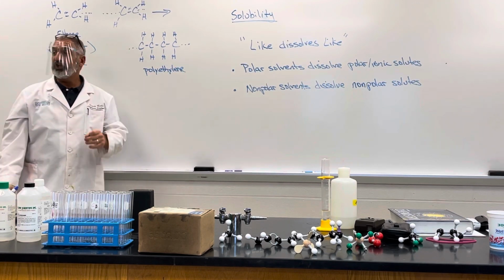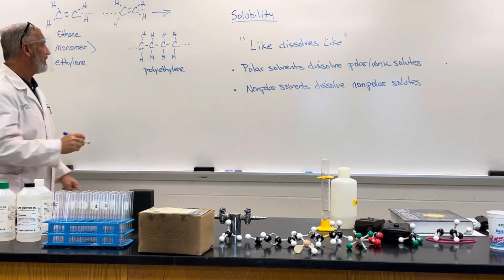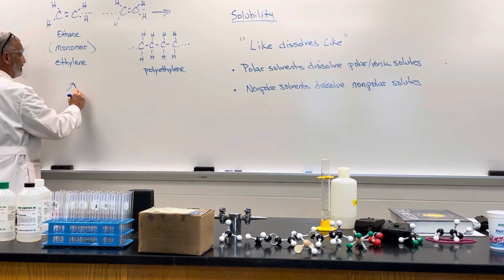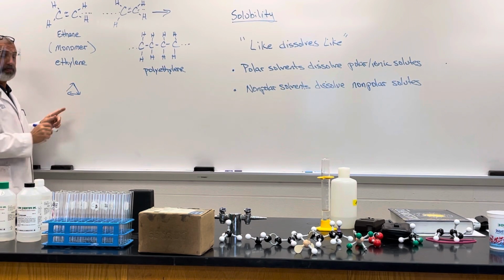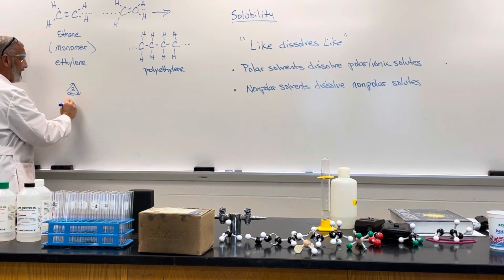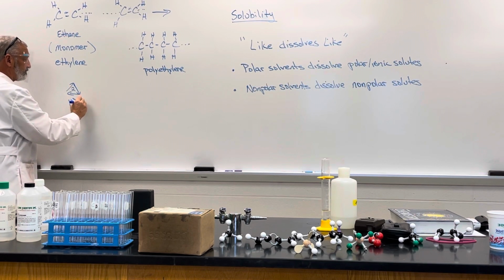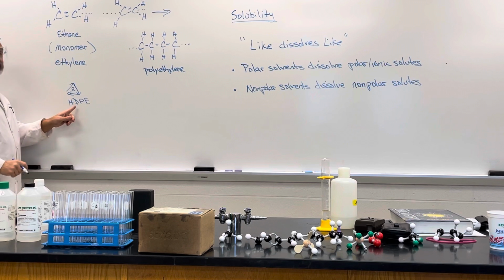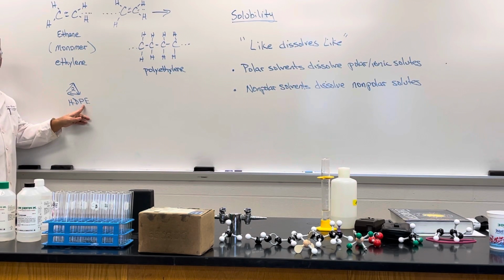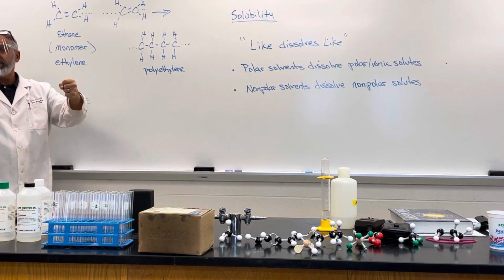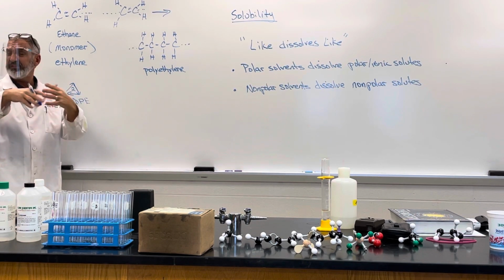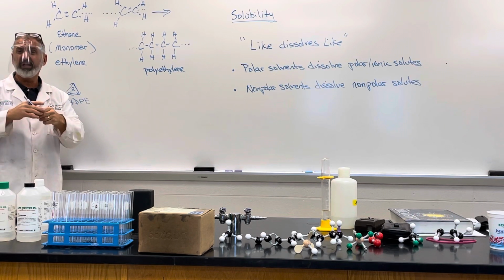Now, if you've ever looked at the recycle symbols on the bottom, you have the little triangle with the arrows, and then they put a number on the inside. Number 2, they'll say HDPE, high density polyethylene. Okay? That's just going to be this, and high density is just going to be how many carbons are in the chain, and sometimes they can add things that kind of link them together like spaghetti noodles.